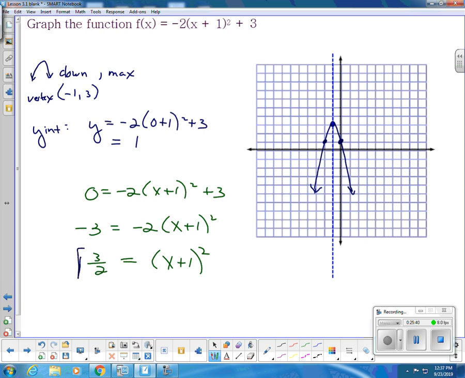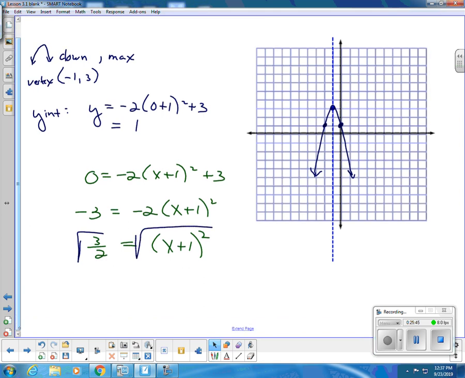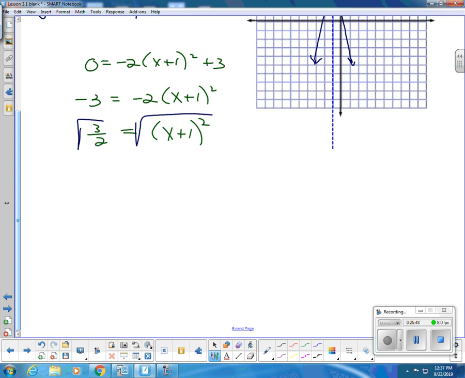Remember, when you take the square root, how many answers should we get? 2. So we've got plus or minus the square root of 1.5 equals x plus 1. Get x by itself. The last thing is going to be to subtract 1. So you get 2 answers.